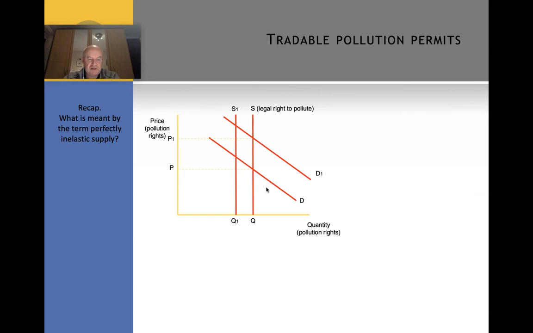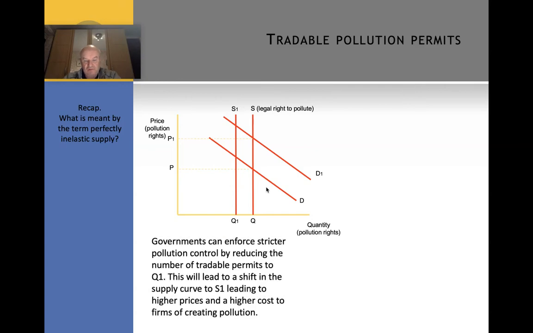So if we take a look at how this might work then, and we try and show these tradable pollution permits in graphical form, okay, let's just take a look at what this means. Effectively, what we've got in this case is, if we have these tradable pollution permits, the government could choose to enforce stricter pollution control by reducing the number of tradable permits from Q to Q1.